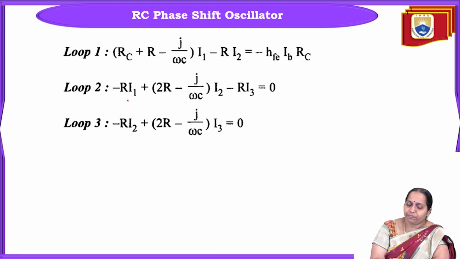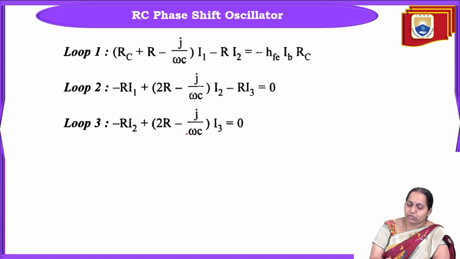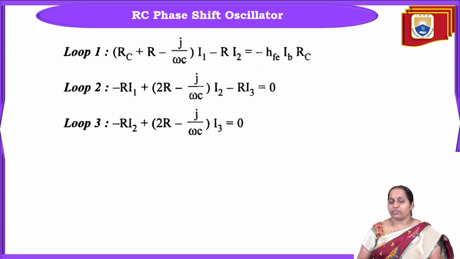Similarly for loop 2, minus I1 into R plus (2R minus j by omega C) into I2 minus I3 into R equal to 0. And for loop 3, minus I2 R plus (2R minus j by omega C) into I3 equals 0. You will get these three equations.